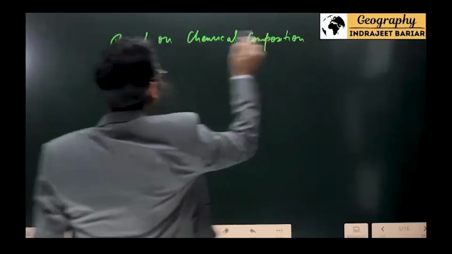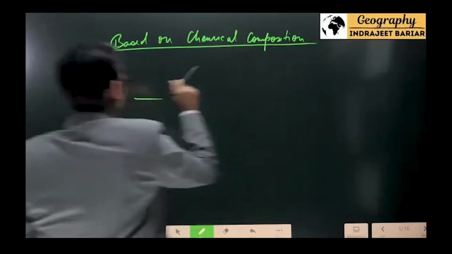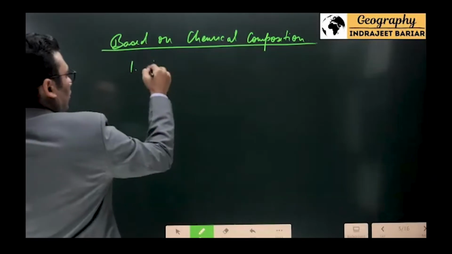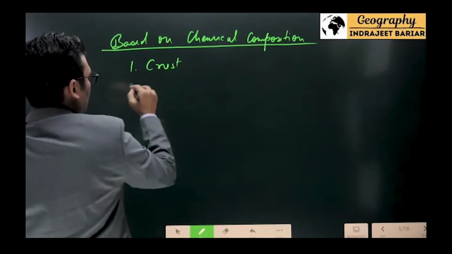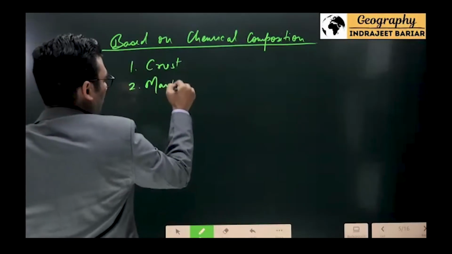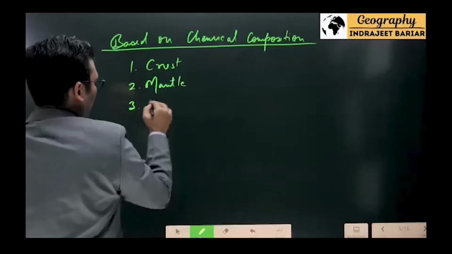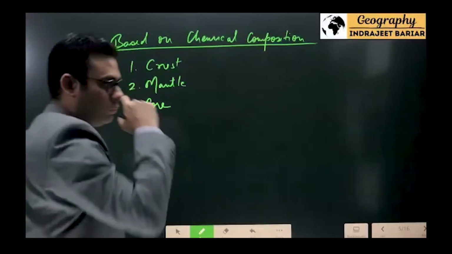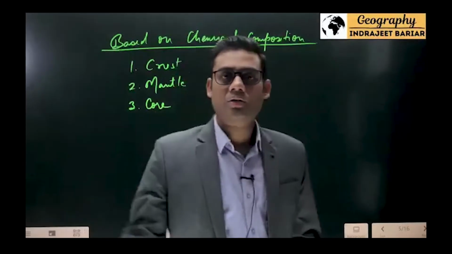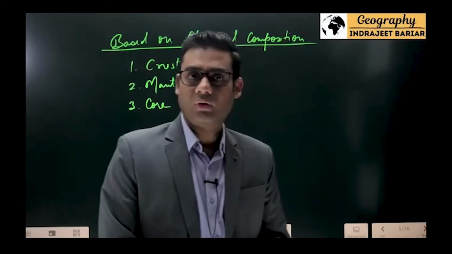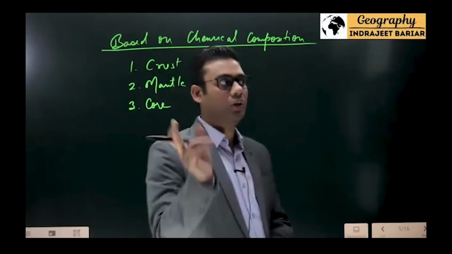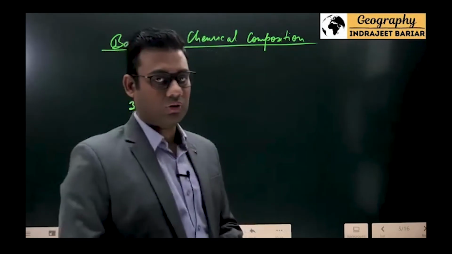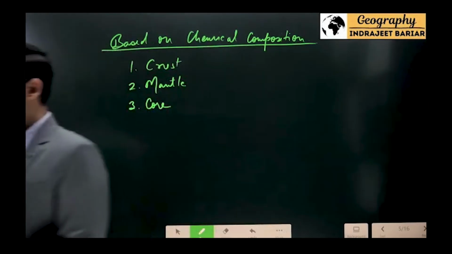Based on chemical composition, we have crust, mantle, and core. Okay, now question 3, you will just mention over there shadow zones. Question 3 is shadow zone.